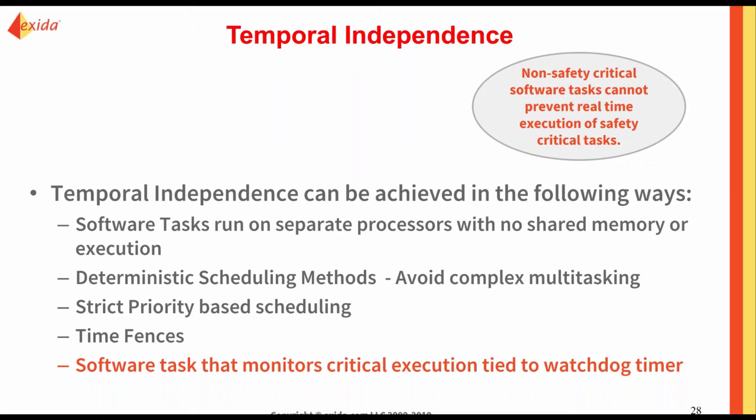We can use time fences, or we can use a software diagnostic technique where we write a software task that monitors critical execution and critical execution timing, and it's tied to a hardware watchdog timer that can be used to either reset the processor or trip the entire controller, forcing the outputs to go into a safe state.